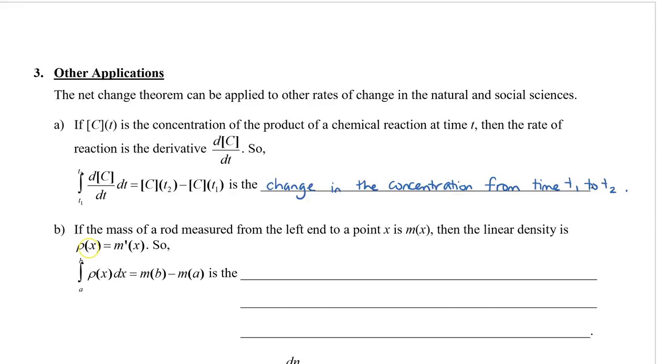And the second example, if the mass of a rod measured from the left end to a point x is m of x, then the linear density is, and this is a rho, the Greek letter rho, so rho of x equals m prime of x. So this means that if I integrate from a to b of rho of x dx, that will give me m of b minus m of a.